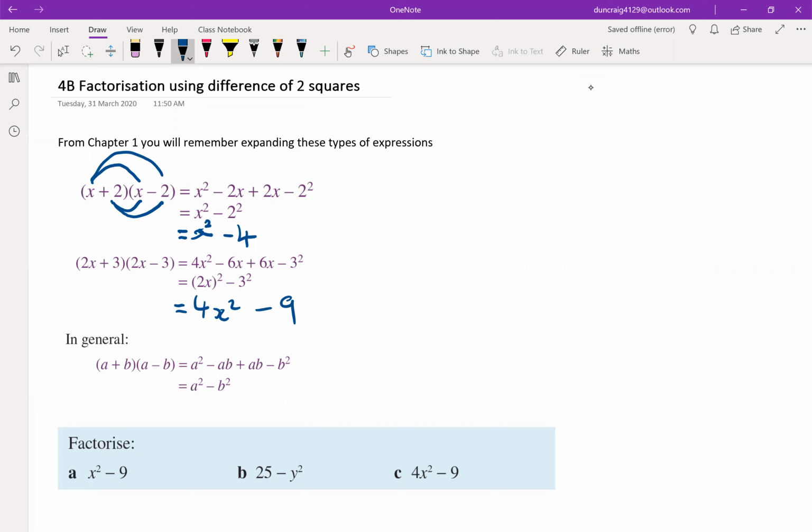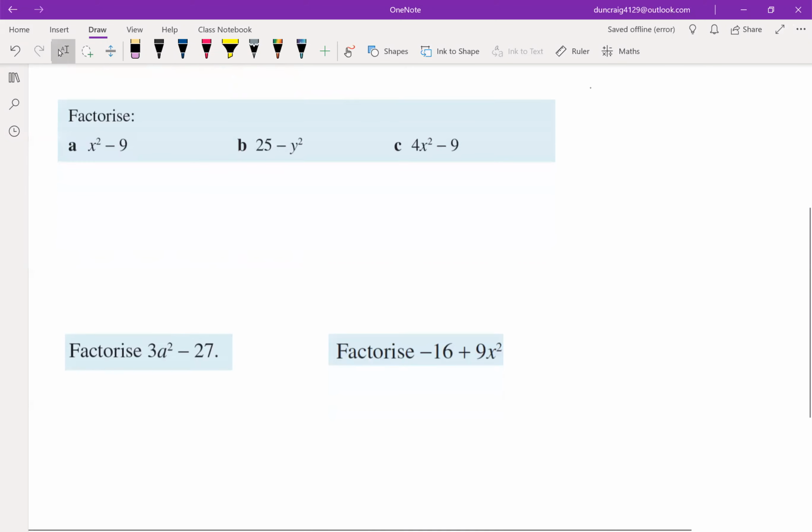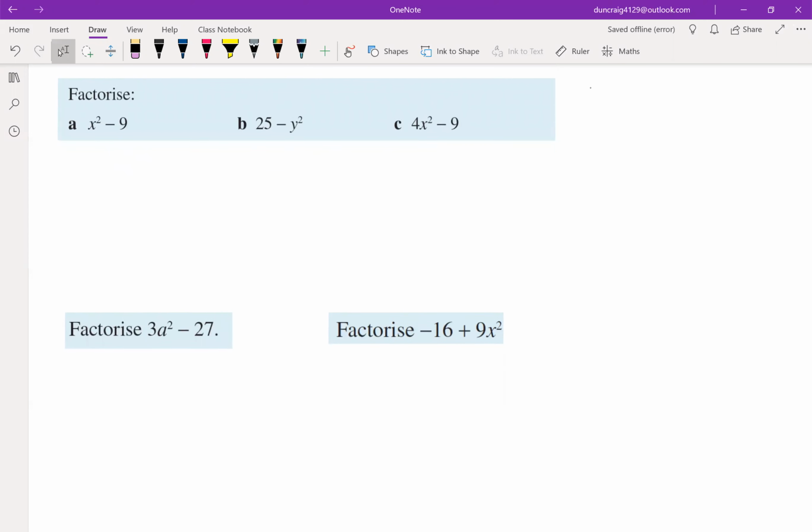An easy way to do these types of questions is to keep in mind what the square numbers are. So I might put a list to the side: 1 squared is 1, 2 squared is 4, 3 squared is 9, 4 squared is 16, 5 squared is 25, 6 squared is 36.